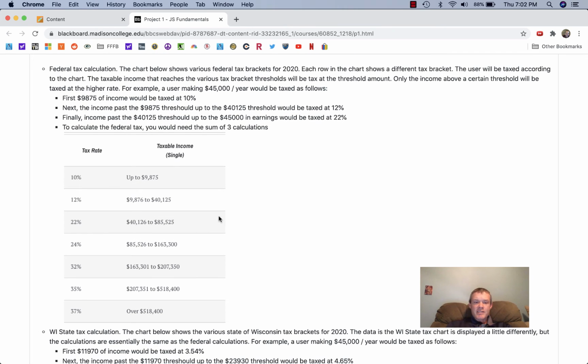The idea here is that, let's say I made $50,000. My first $98.75 would be taxed at 10%. Then the next block of income from $98.76 to $41.25 would get taxed at 12%. And then finally, the block of income from $41.26 to $50,000 would get taxed at 22%. I would take the sum of those 3 blocks of income to come up with my federal tax.